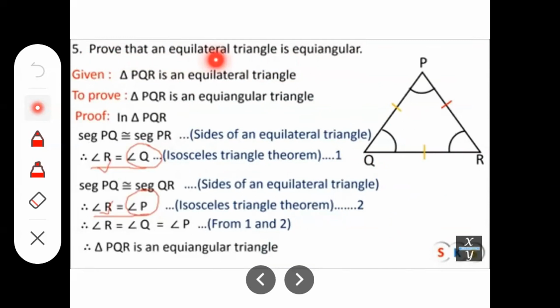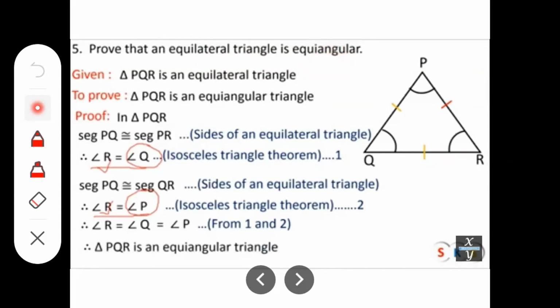The triangle which has equal sides is equiangular. Angular means angle, so the triangle whose all sides are equal has all angles equal too. We have to prove it.